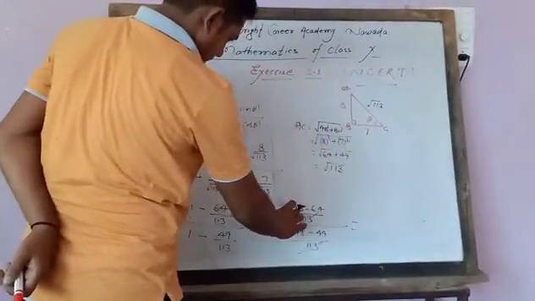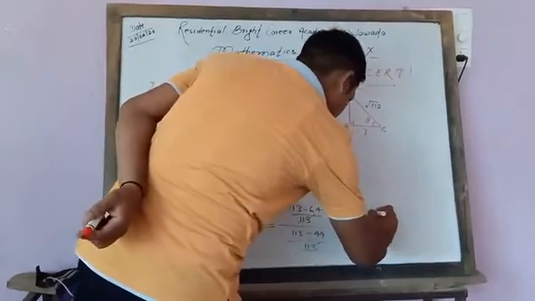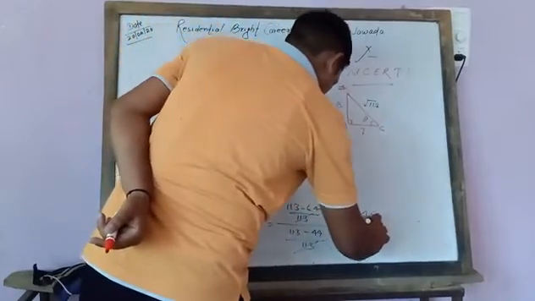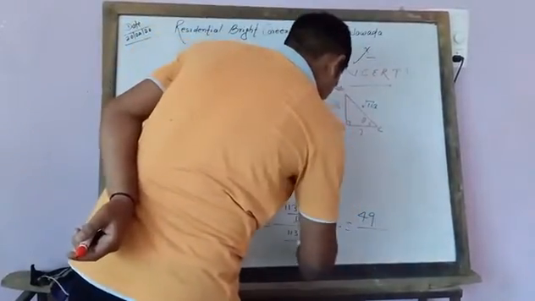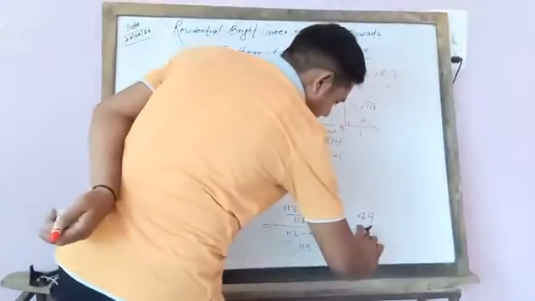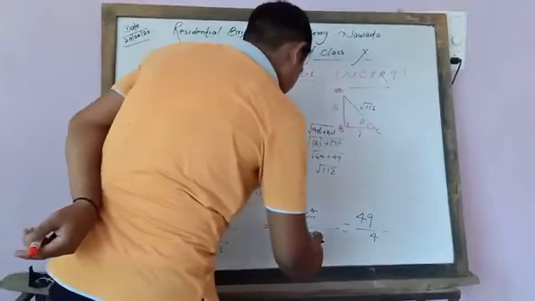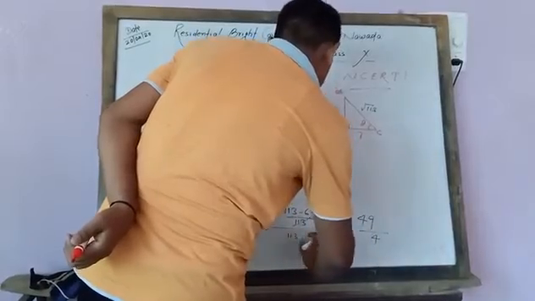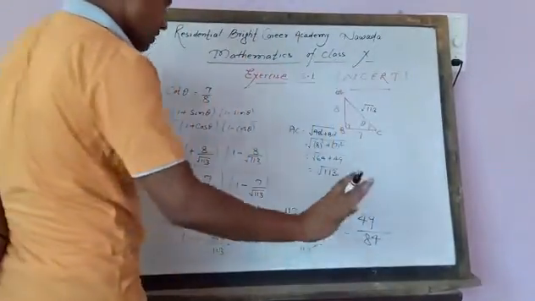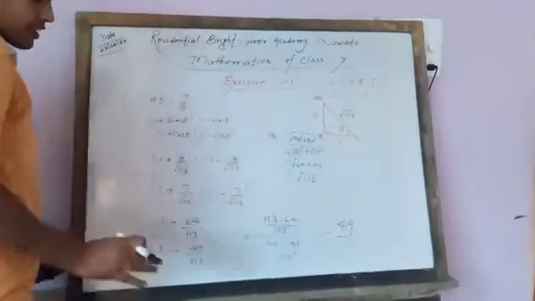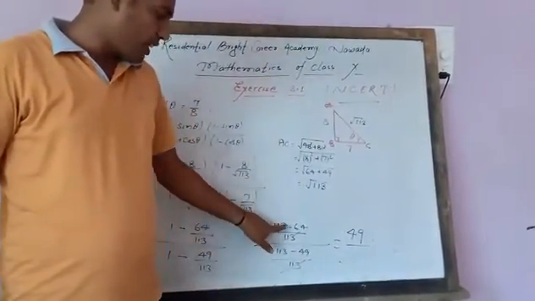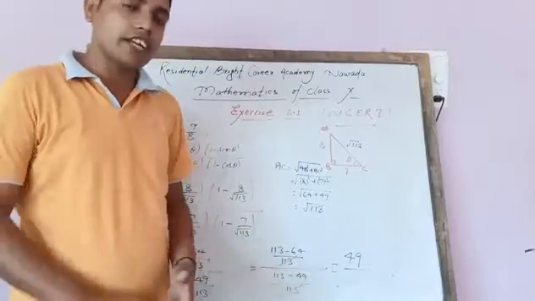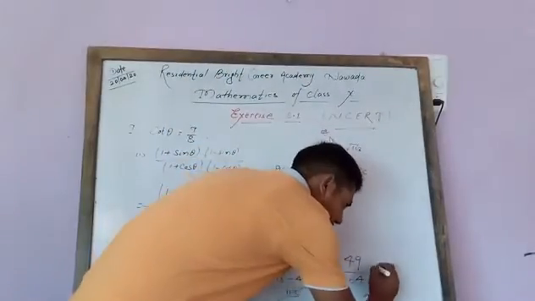Now 113 minus 64 will become 49, and 113 minus 49 will become 64, and it will be the answer.